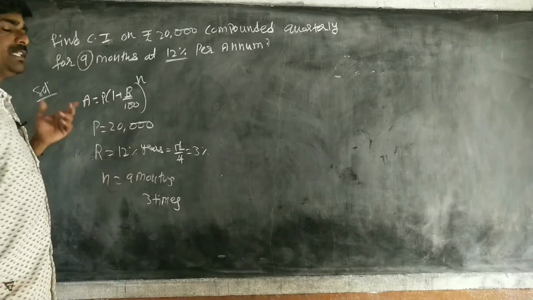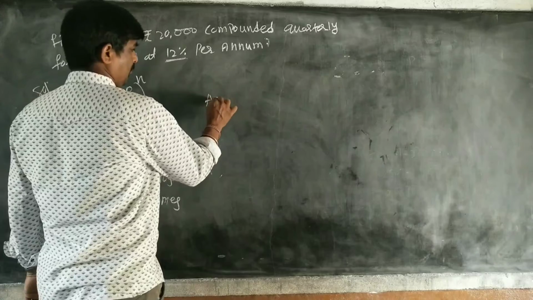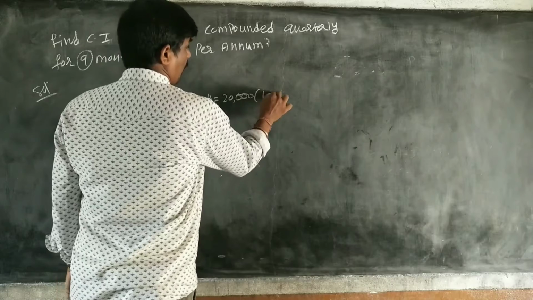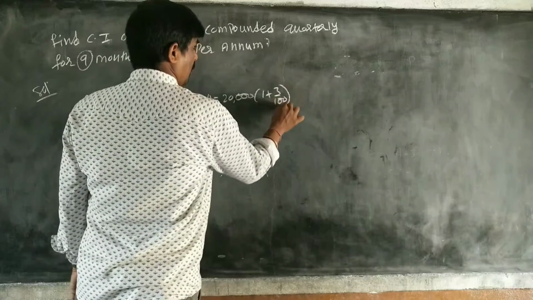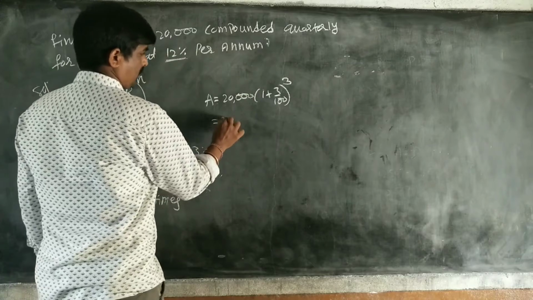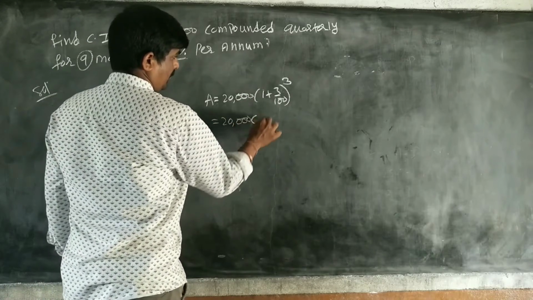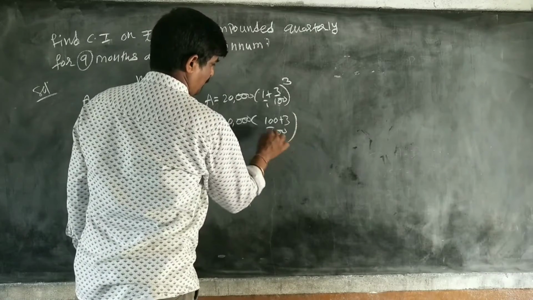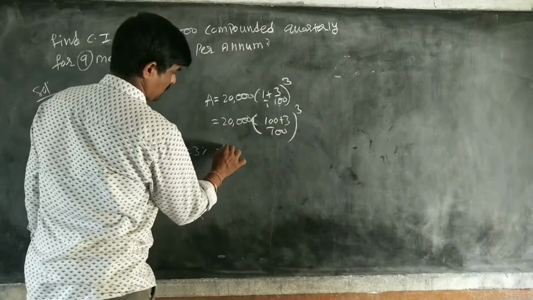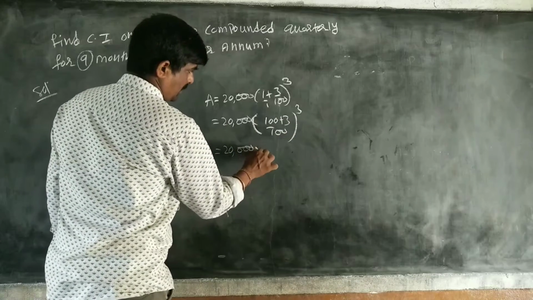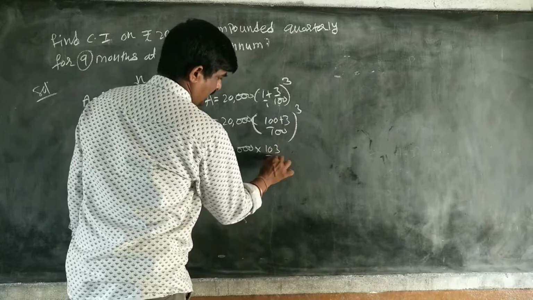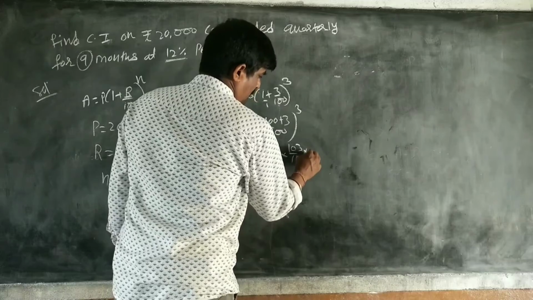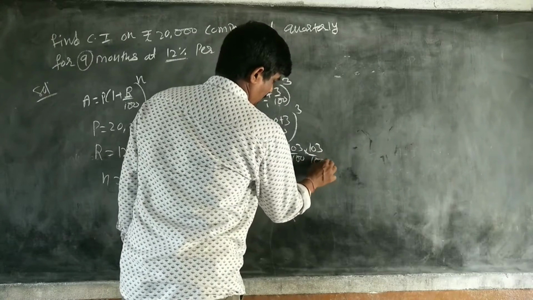Now I simply substitute in the equation. Therefore A is equal to principal 20,000 into 1 plus 3 by 100 whole power 3, that is equal to 20,000 into 100 plus 3 by 100 whole power 3, that is equal to 20,000 into 103 by 100 into 103 by 100 into 103 by 100.